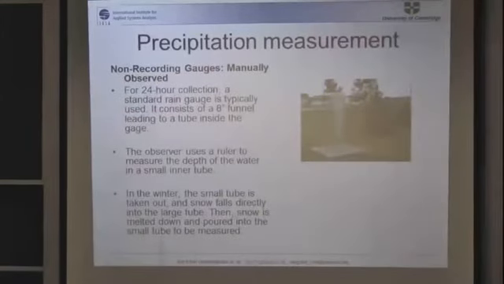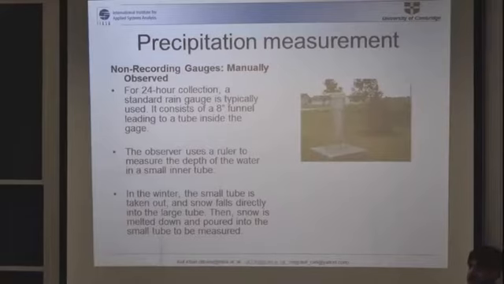How do we measure precipitation? There are different types of measuring devices. In Pakistan, we are using manual measurements, as PMD is doing, and there are also a lot of other automated devices.